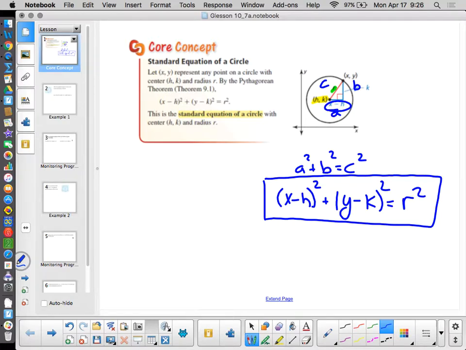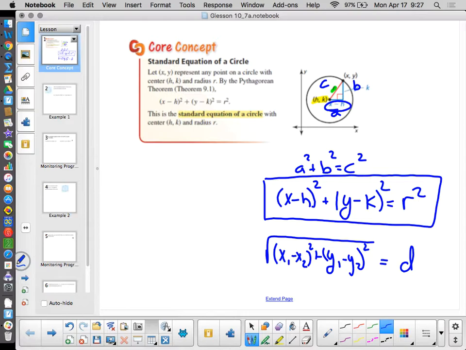The other thing you might notice a very strong resemblance to here, because it's essentially the same thing, is the distance formula. The distance formula essentially just renames variables.